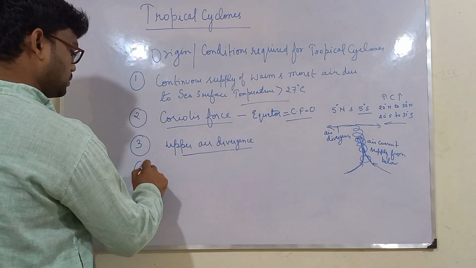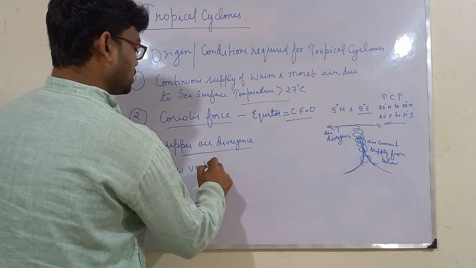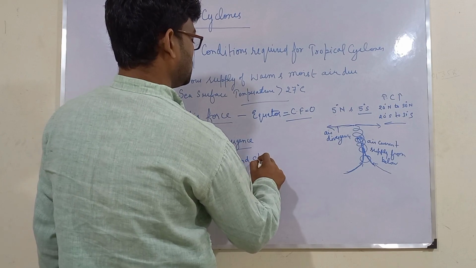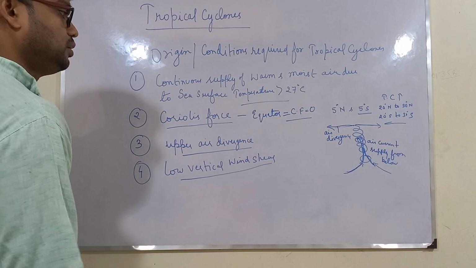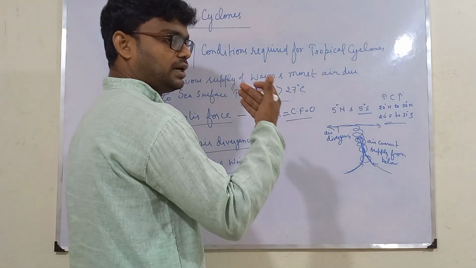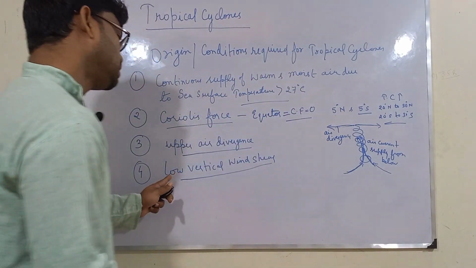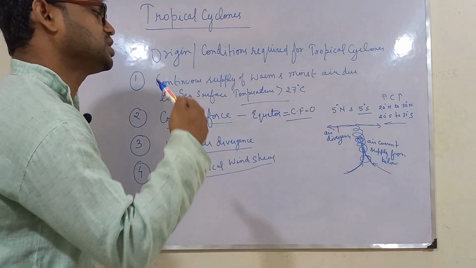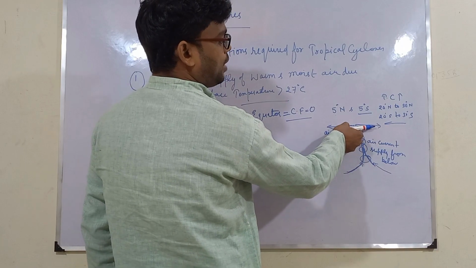Now fourth one is low vertical wind shear. What is this low vertical wind shear? Wind shear means the change in the speed of wind with increasing altitude. So here it refers to low vertical wind shear. It means that the wind speed should not change much between the lower troposphere and the upper troposphere.